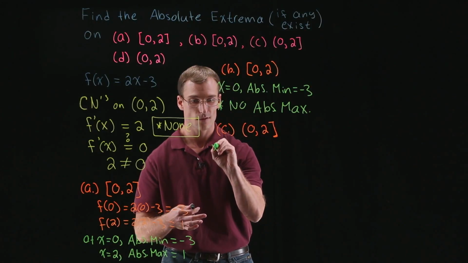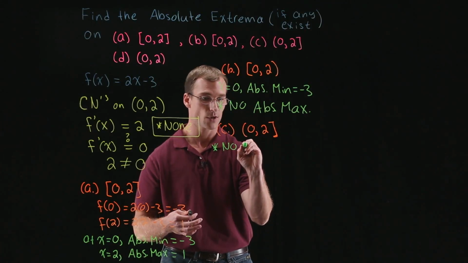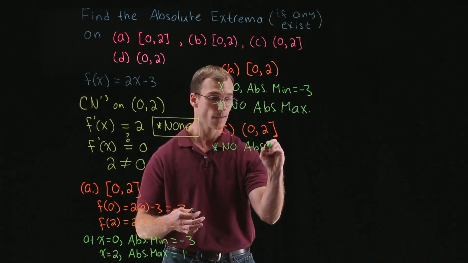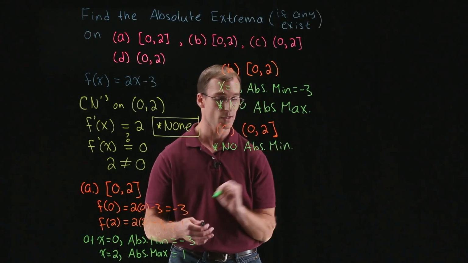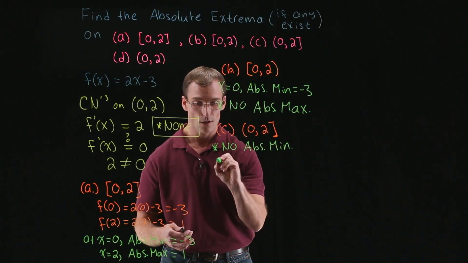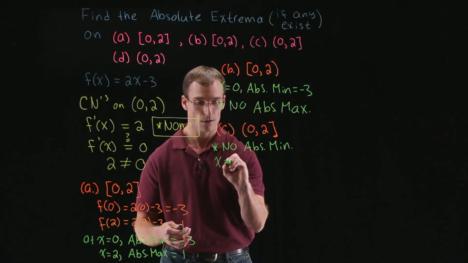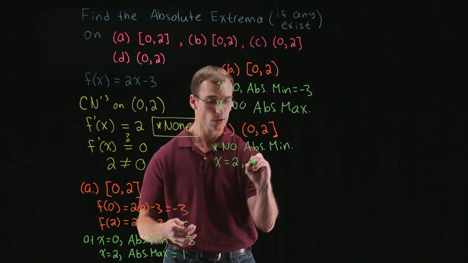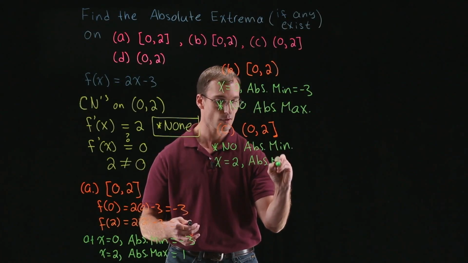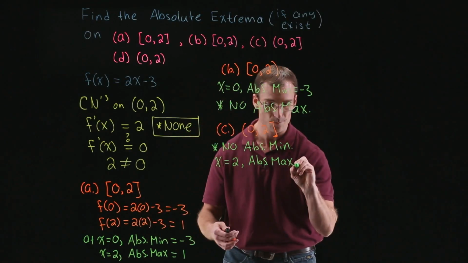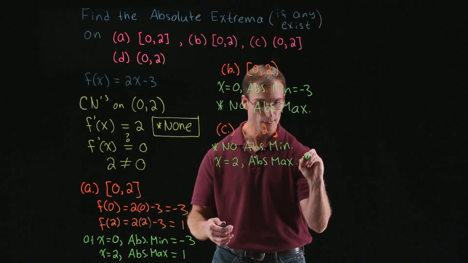So in this case, we would have no absolute minimum. But we are including 2, so at x equals 2, we again have an absolute maximum of positive 1.